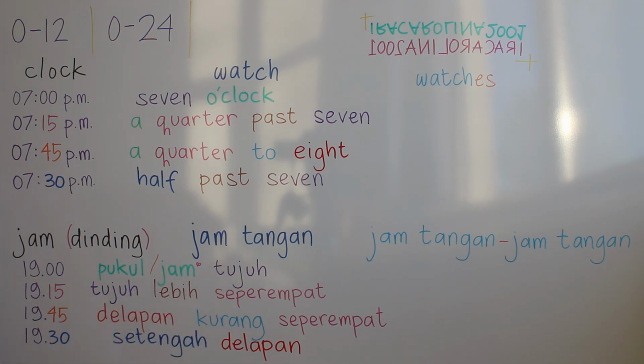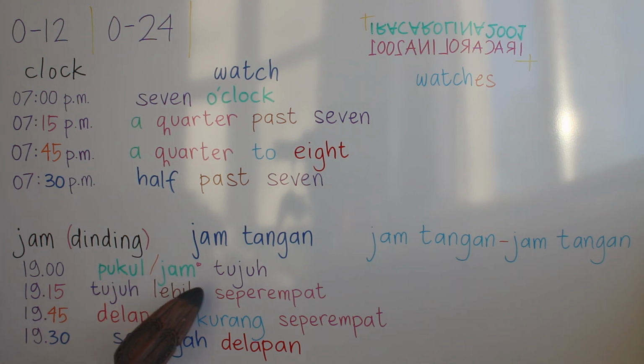Because the formal way is pukul, even though pukul also has a different meaning, which is hit or slap. Hit, slap is pukul, but this same word also has the meaning of clock. In this case, of course, pukul is a clock, the formal way when you say or write a clock.